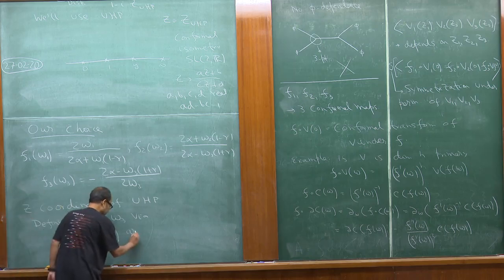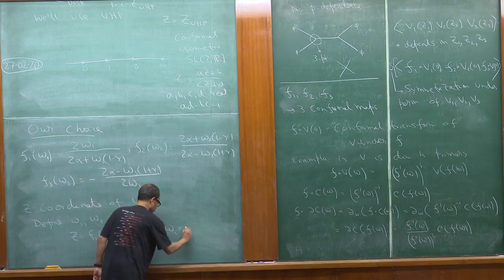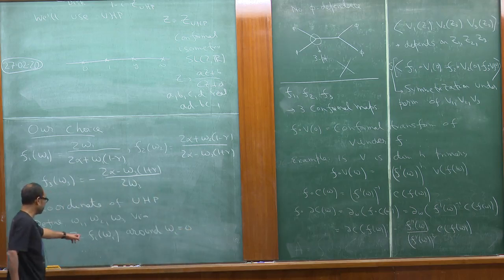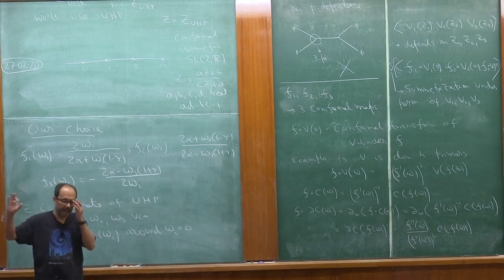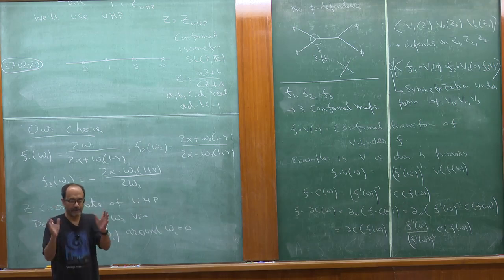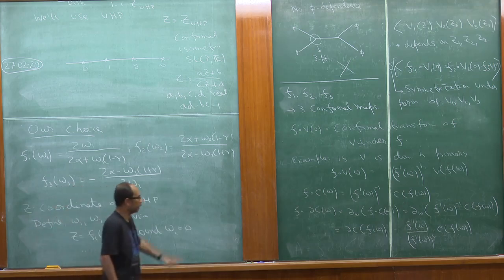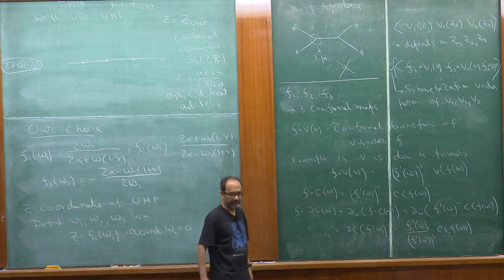This makes sense only around w_i equal to 0, because we are not assuming necessarily that f_i of w is a globally defined function. It may have branch cuts, various things. The only thing you are assuming is that near w equal to 0, it is a smooth function. Otherwise this will not make sense. Near w equal to 0, it should be differentiable, for example.